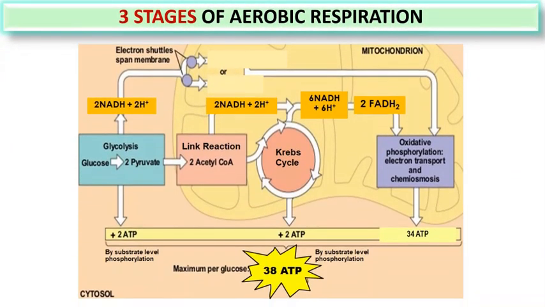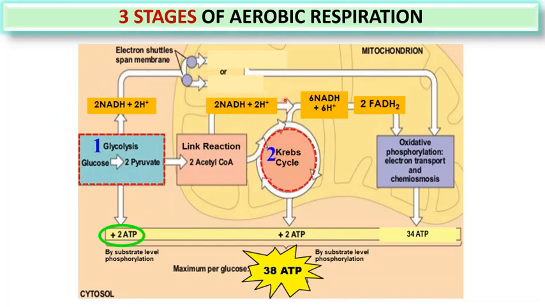So let's recap the 3 stages of aerobic respiration. The first stage is glycolysis, which occurs in the cytosol, producing 2 ATP by substrate level phosphorylation and also producing 2 NADH plus 2H plus.